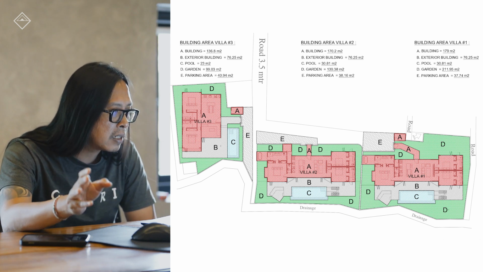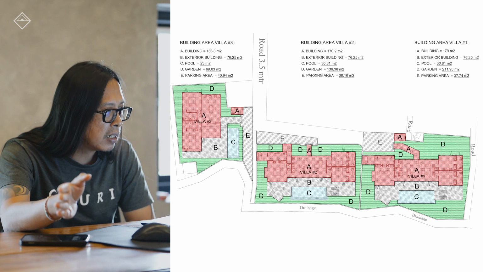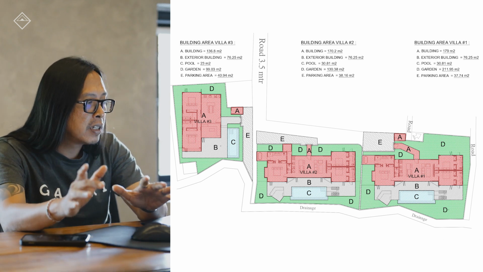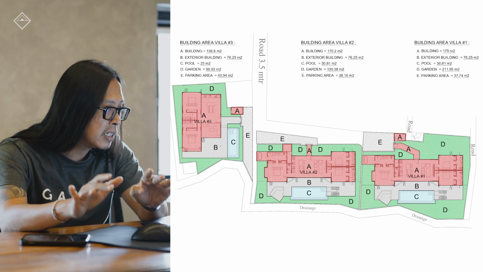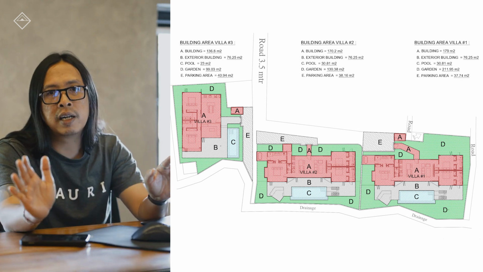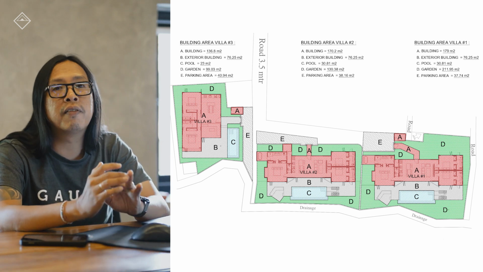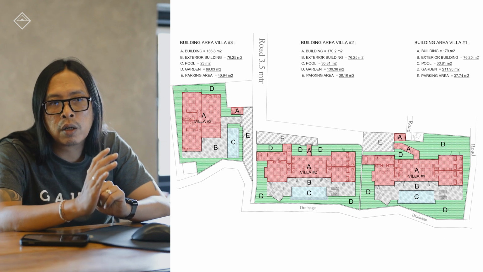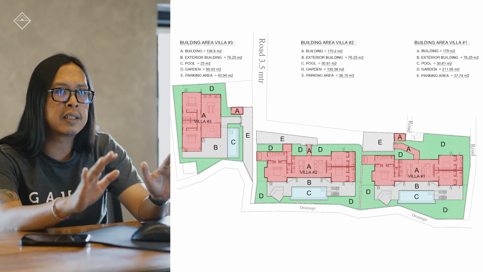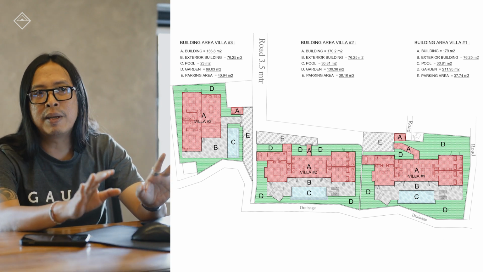The other is quite similar, villa number 1 and villa number 2. Why it's different is only because of the area for the storage. But basically the area for the building is around 170 square meter. This is quite effective. If you talk about bedrooms, each bedroom normally takes around 60 square meter.